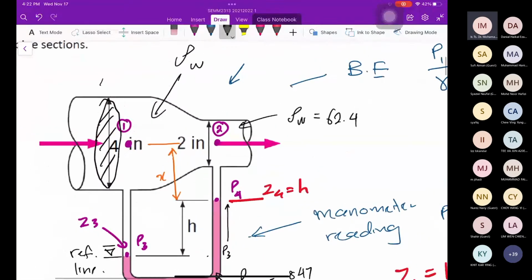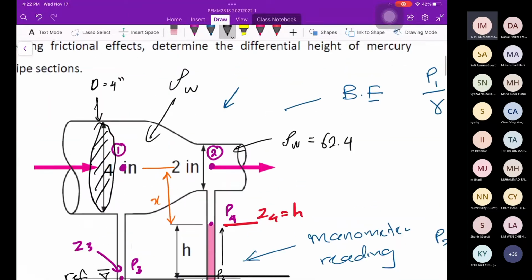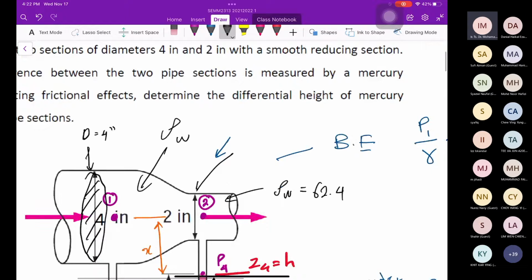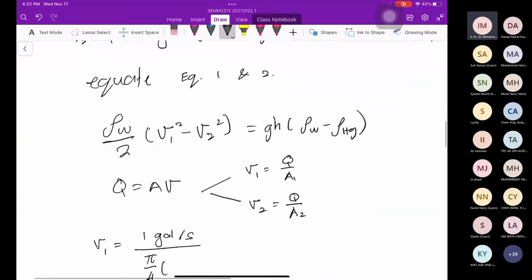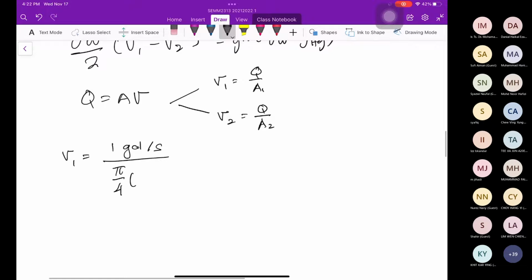The diameter is 4 inch, and this diameter is 2 inch. Alright, so just include here 4 inch divided with 12 foot in order to convert into foot. Okay, 1 foot is 12 inch, squared. You will get the answer to be 1.53 foot per second.